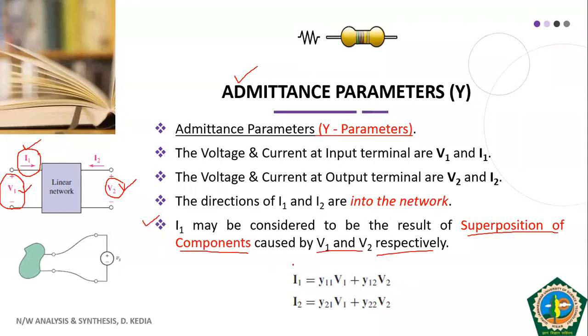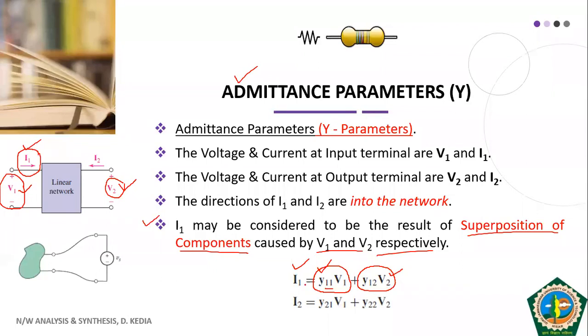So that's why we have equation number 1. I is equal to V by R or V by Z, and 1 by Z is nothing but your admittance. So it becomes I1 is equal to Y into V1. Right now you do not worry about why we are writing 11. We will discuss this in the next slide. Similarly, this is the component of the current when V2 is applied.